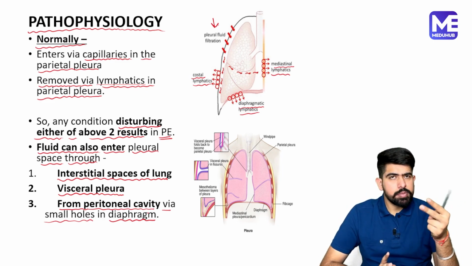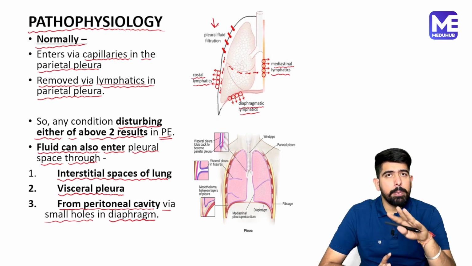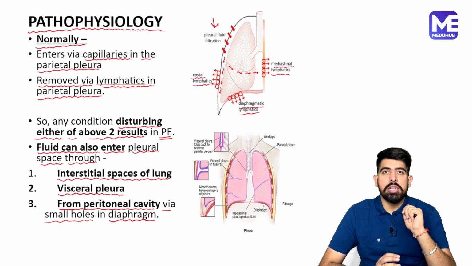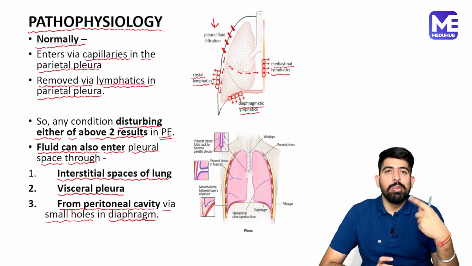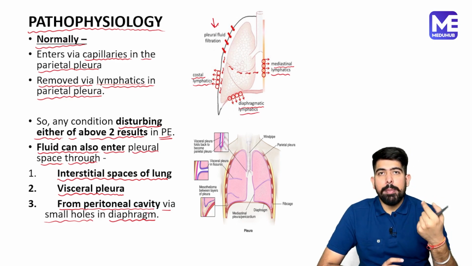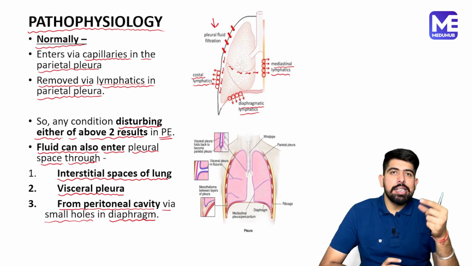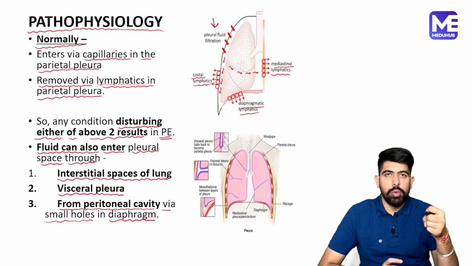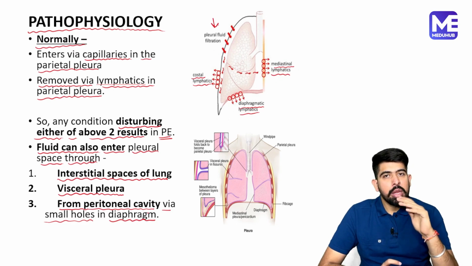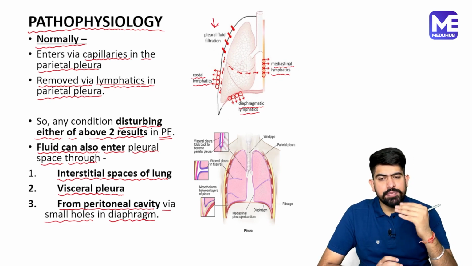Out of these two, both are physiological normally, but if they are disturbed, maybe there is more and more filtration of the pleural fluid by the capillaries, or maybe the lymphatics cannot remove this fluid, so it can cause pleural effusion, right?